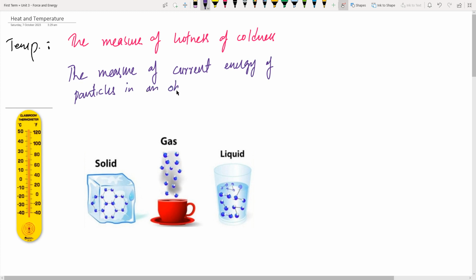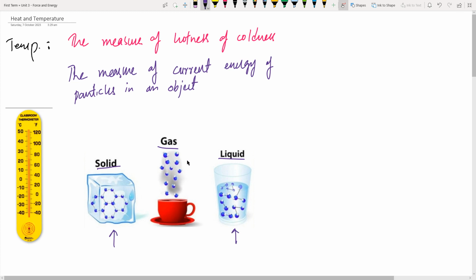And why I'm writing this advanced definition is because we just saw in density that the particle movement is related to density. And we do know we have three states of matter, the solid, the gas, and the liquid, as the diagram is telling you: the particles are packed over here, over here the particles are a little farther, but they're able to move about, and in gas, the particles are entirely free to move about, independent.